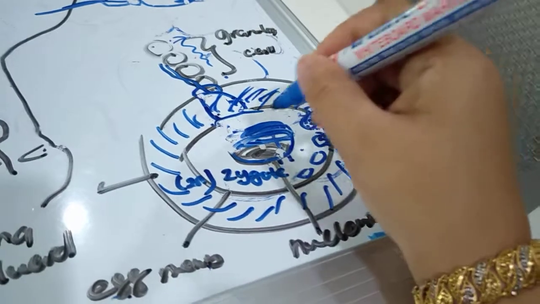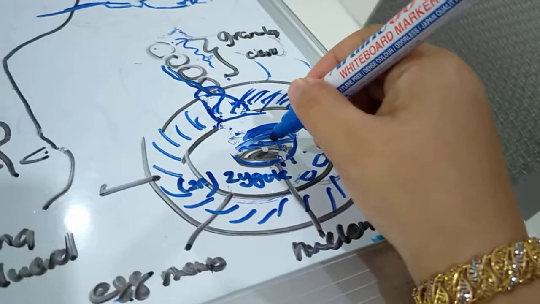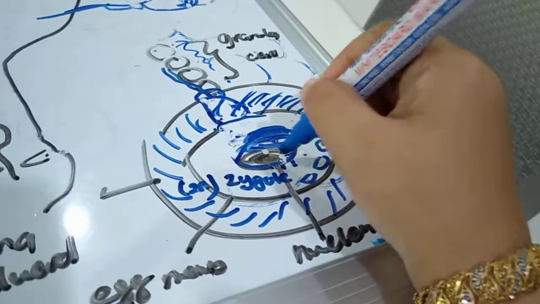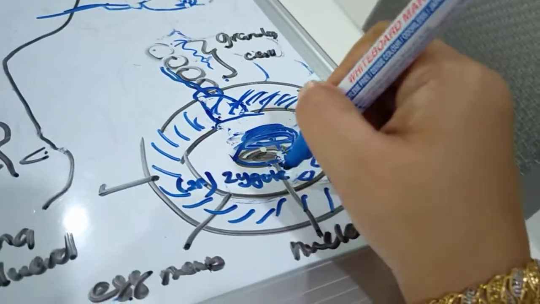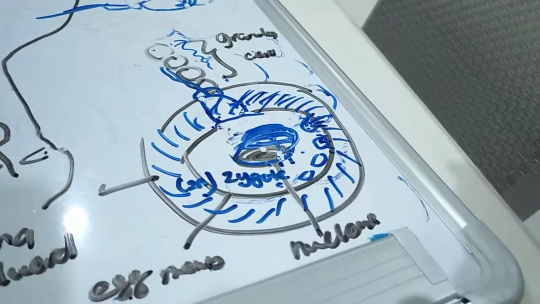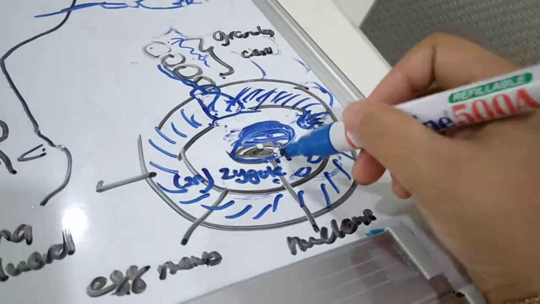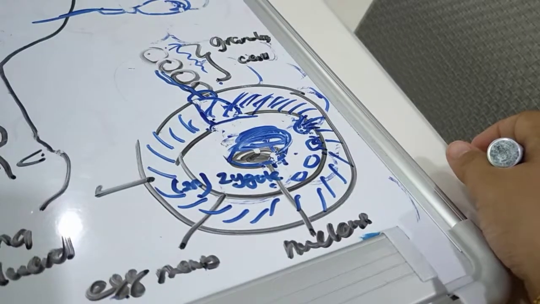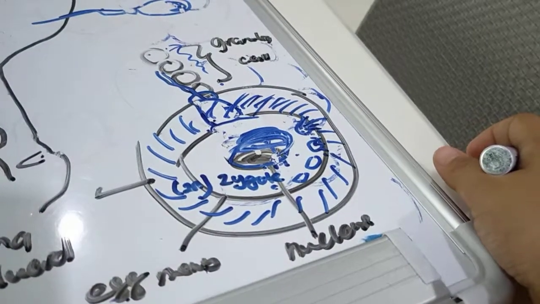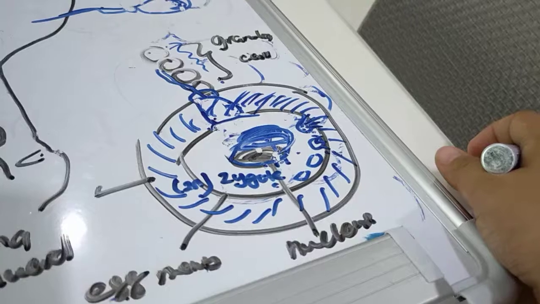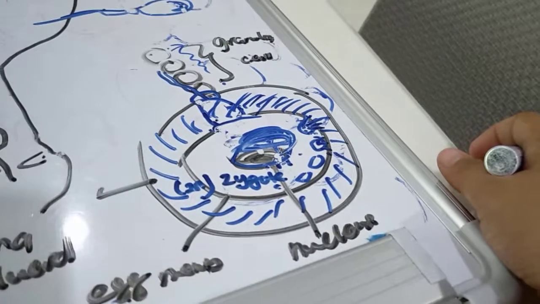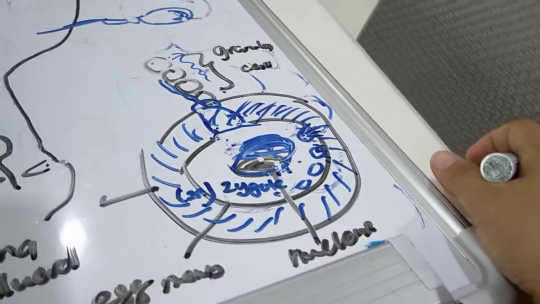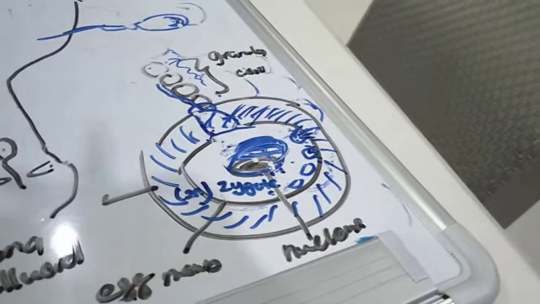So now the nucleus from sperm and also the nucleus of ovum are fused, forming a structure called zygote, which is 2N. Then the zygote is ready to divide mitotically to become embryo, and embryo next will become a fetus. Then we're going to learn about embryogenesis.